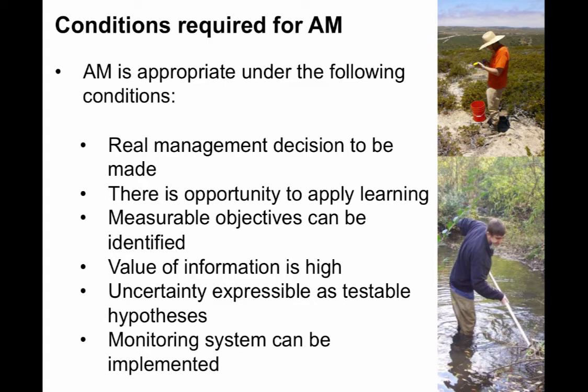Fourth, because monitoring is expensive, we really should ensure that what we are measuring is of high value. And finally, we should be able to somehow express our uncertainty about the site or ecosystem into some type of testable hypothesis, much like they are doing across the Great Lakes, where they have specific hypotheses about what kind of treatment will be best at eradicating Phragmites.